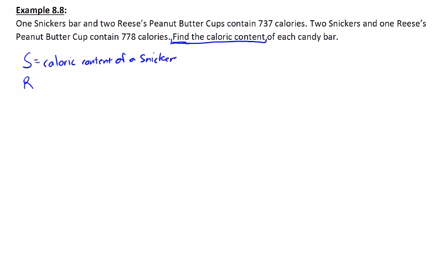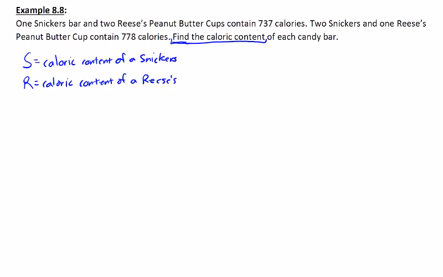So I will expect you to be detailed in what you're wanting your variable to represent. If you don't do that, then when you write your equations, they don't have the same meaning that you're wanting them to. So you might be implying what you want, but if you can't explicitly state it, then you haven't met the requirements for the problem. So the Reese's is the same idea. It's going to be the caloric content of a Reese's.